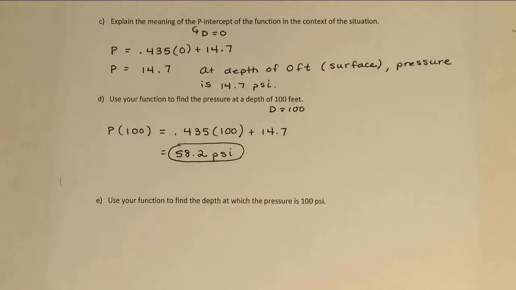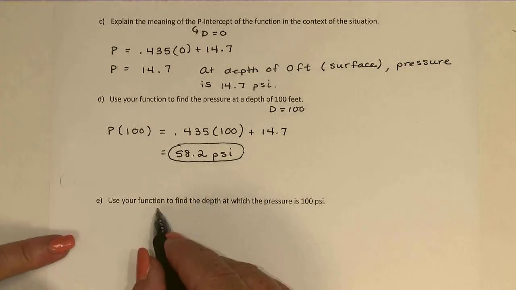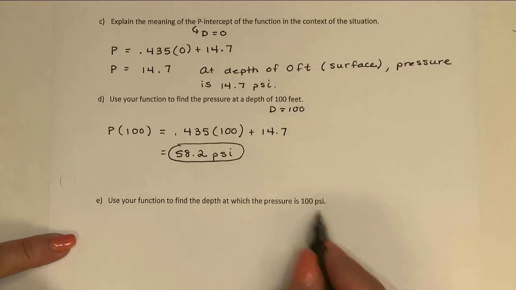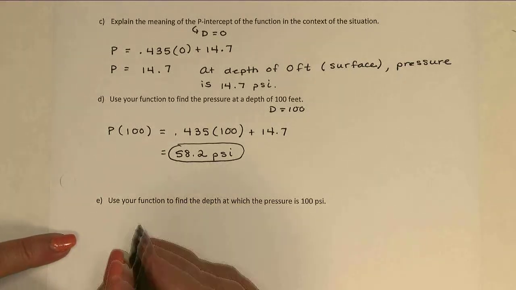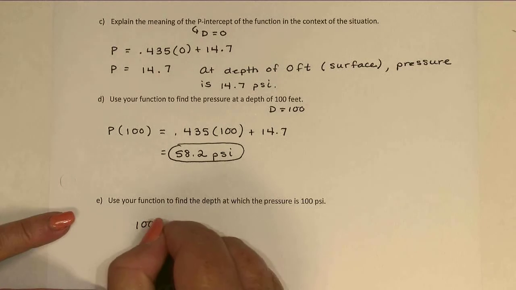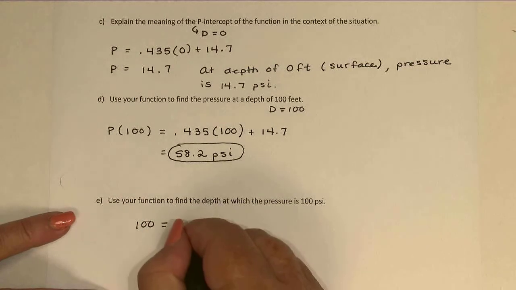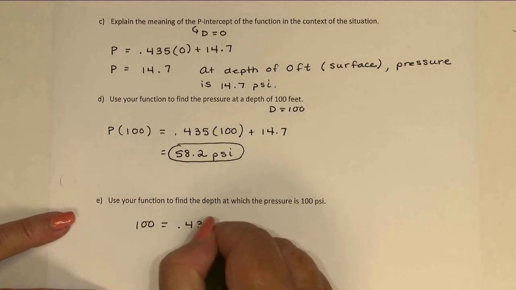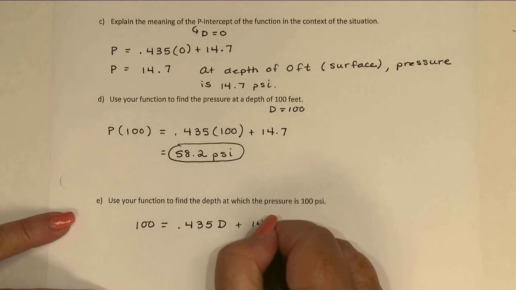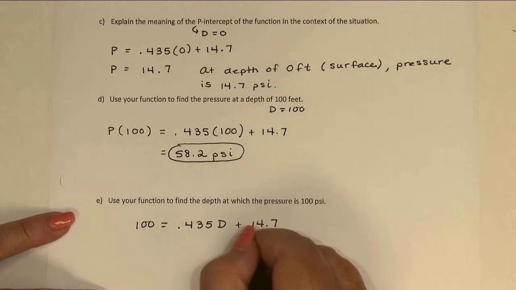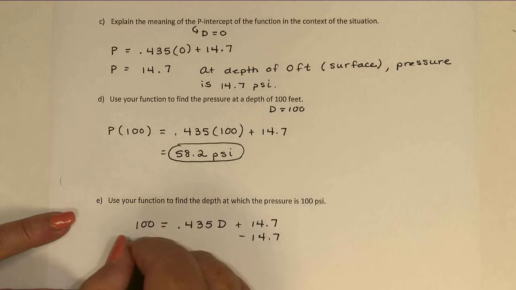All right, and then the last question about this particular example, we'd like to find the depth at which the pressure is 100 psi. So this time the 100 goes in on the P side of the equation. 100 equals 0.435 times that unknown depth plus 14.7. And then we'll just solve that equation for d.